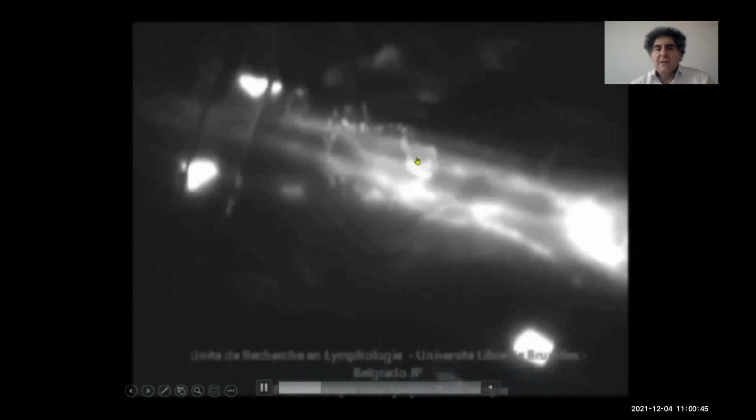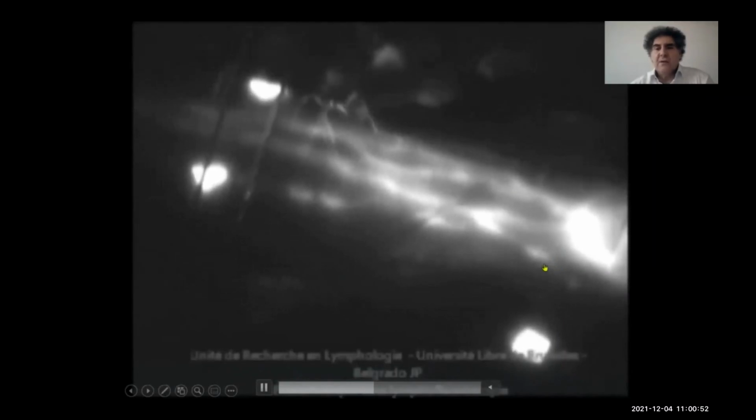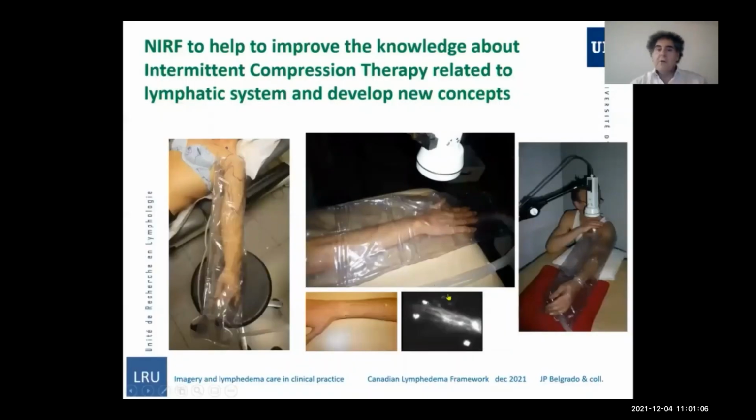So the camera observes under a transparent cuff the lymphatic collectors during the inflation of the cuff. The cuffs are inflated at different pressures, and we can see and study if the compression therapy prevents the lymph transfer, if it improves, if it slows down, and so on.